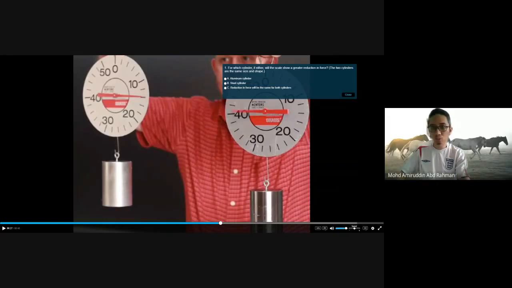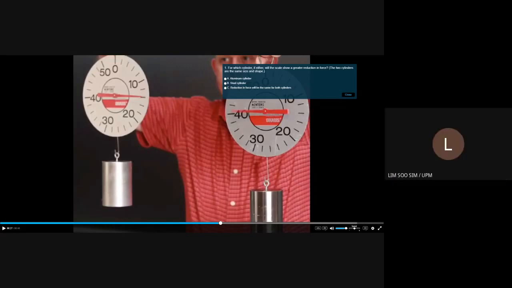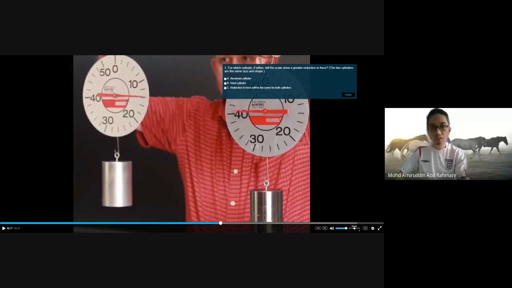What answer did you choose? C. Okay, Sophia also chose C, and Sim also chose C. Kaya also chose C. So, the reduction in force will be the same.